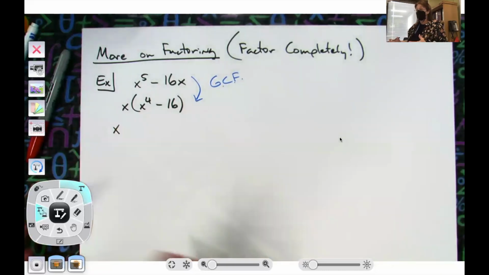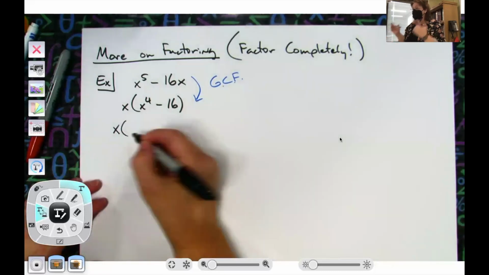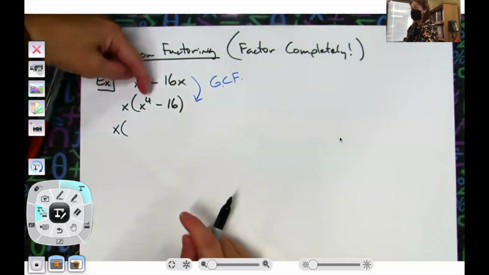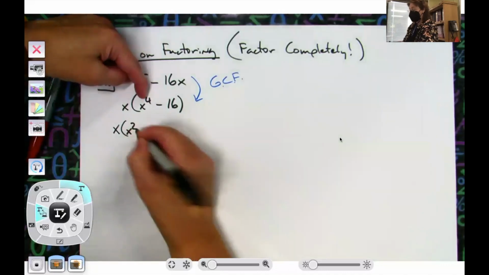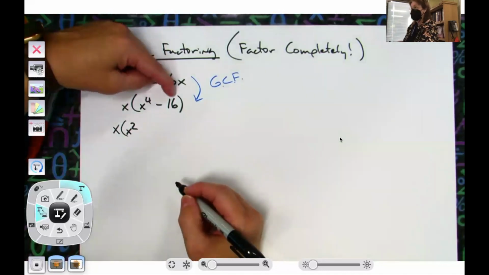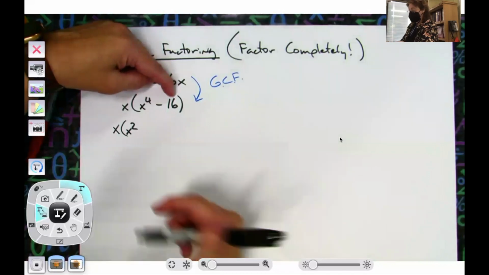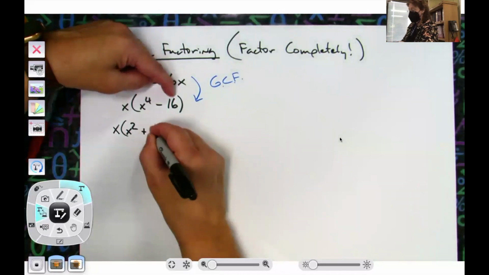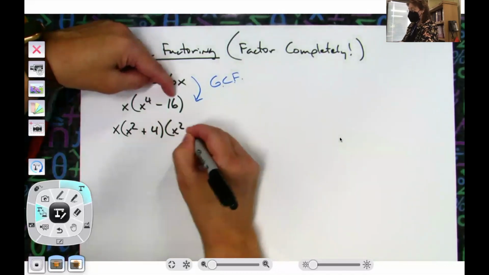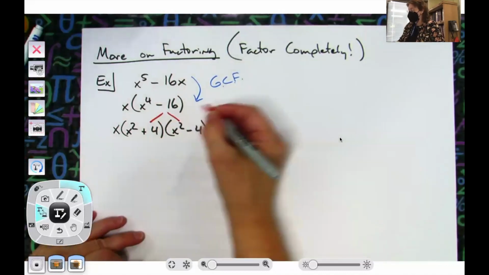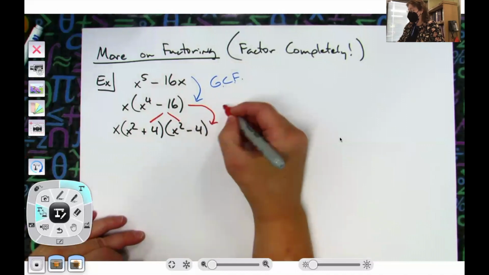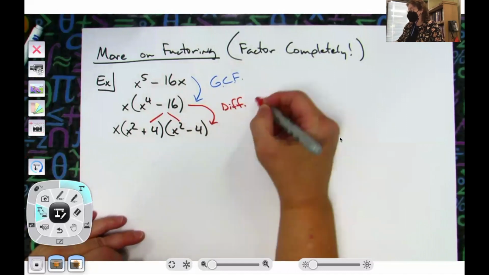Again, the part I want you to be able to do in your head: the square root of x to the fourth is x squared, and the square root of 16 is 4. So I'm going to go x squared plus 4, and x squared minus 4. From here to here, I did difference of two squares.